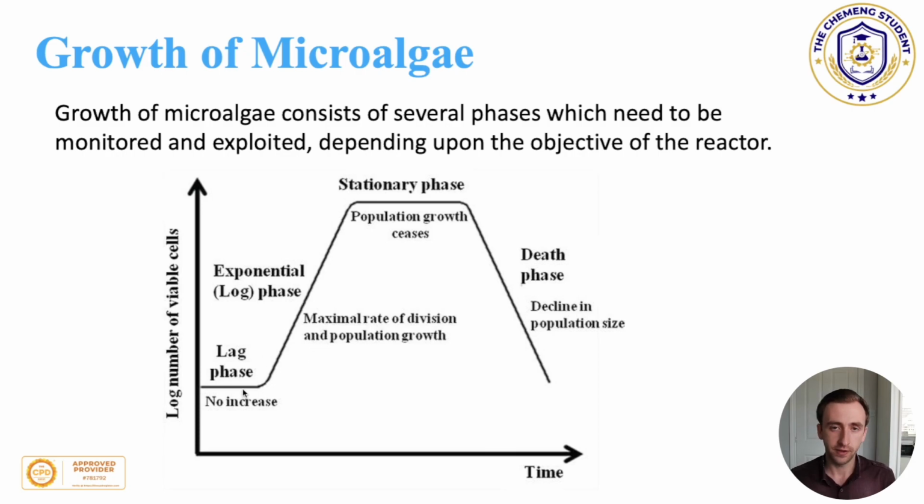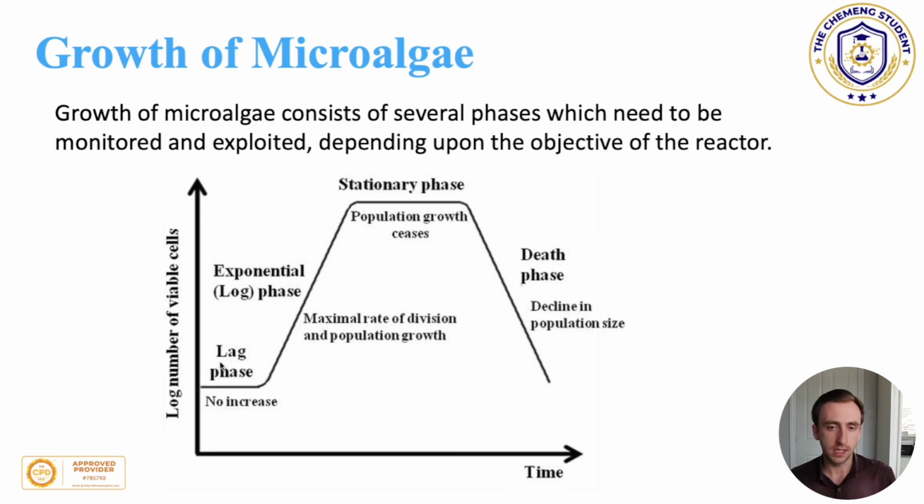Now, the lag phase occurs at the very beginning of the cultivation. So, for example, if in my research I am going to cultivate some new microalgae for experiments, then as soon as I put in the seed culture, which we sometimes refer to as the inoculum, in the medium, this will be the lag phase.